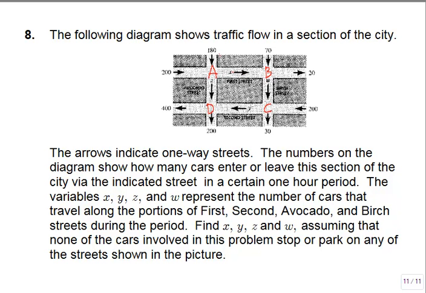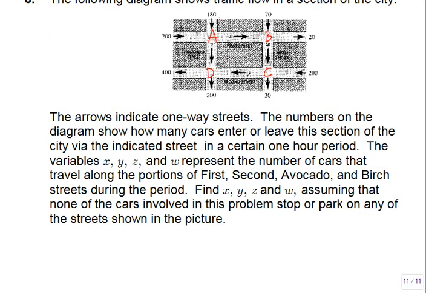So whatever comes in also has to go out at these intersections. So let's see if we can come up with what our different equations are going to be. We want the in cars to equal the out cars.